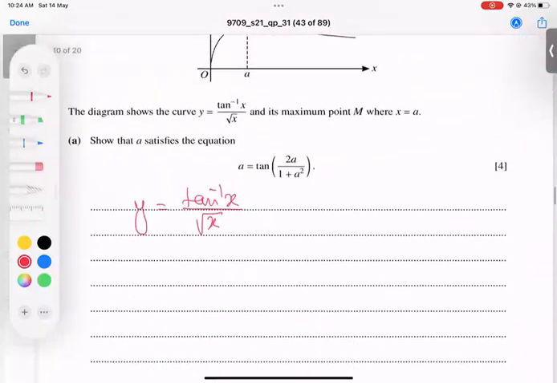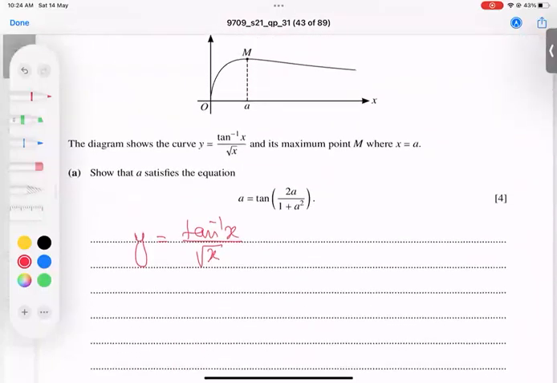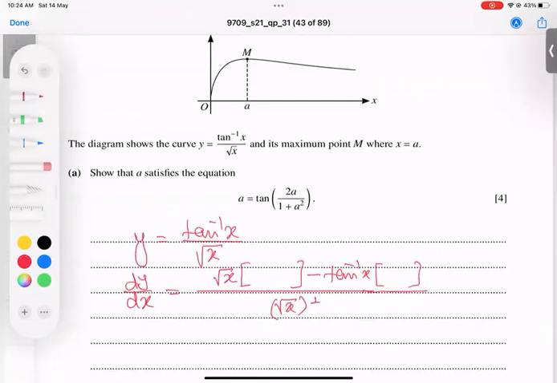So have a look. dy over dx is the square of the denominator part, which I keep as it is, into the derivative of the numerator, minus keep the numerator as it is, into the derivative of the denominator. So this is the whole story.